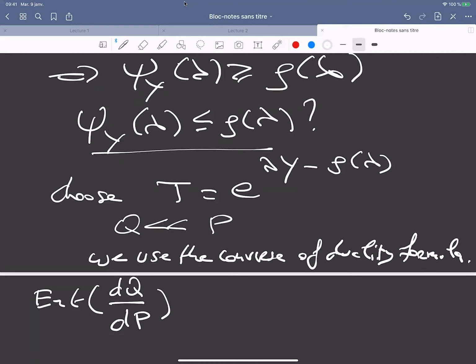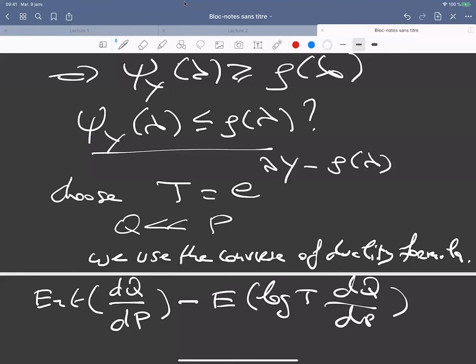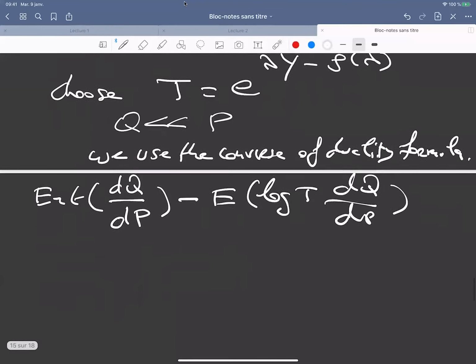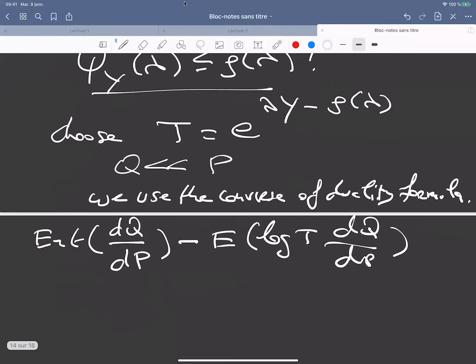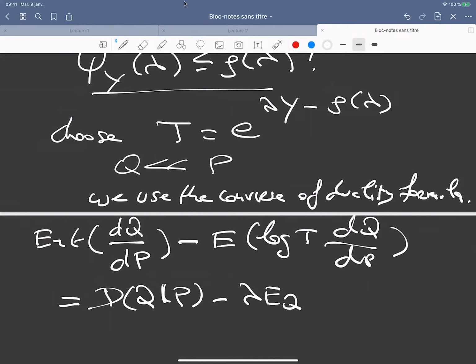So we compute this quantity here minus the expectation of log t dq over dp, which is of course equal to the relative entropy minus the expectation of y under q plus rho of lambda. This is the same computation as before, but here instead of psi we have rho.